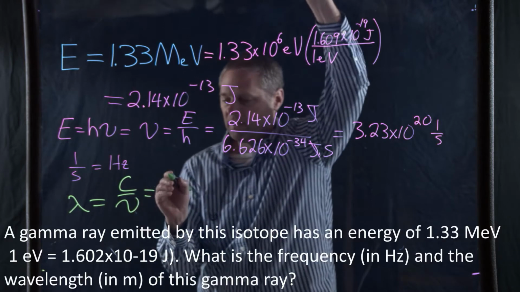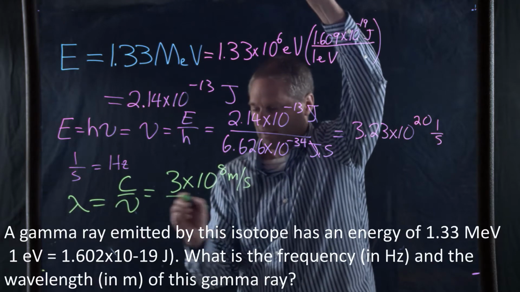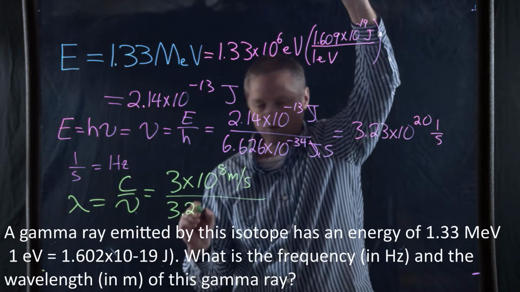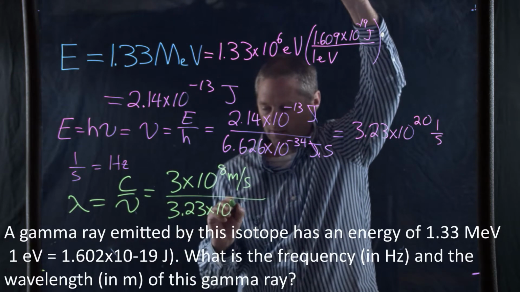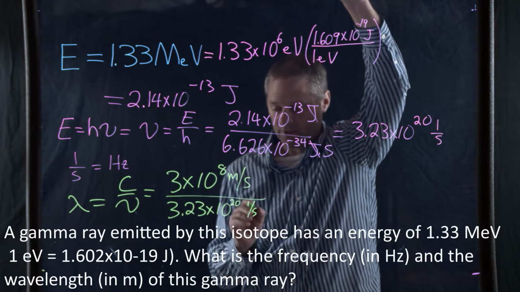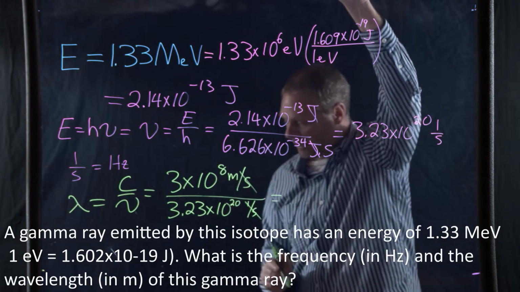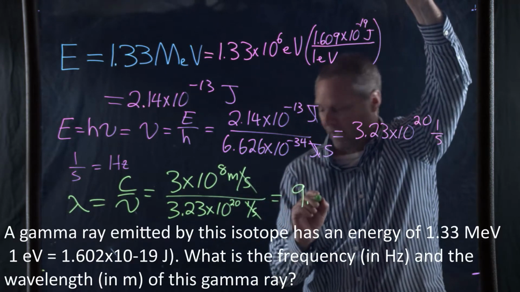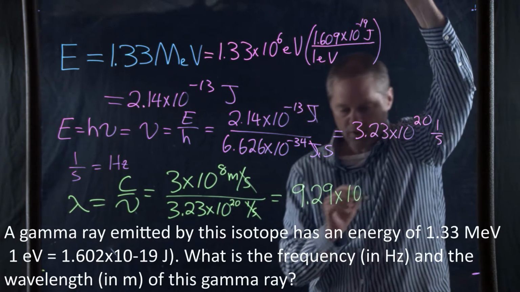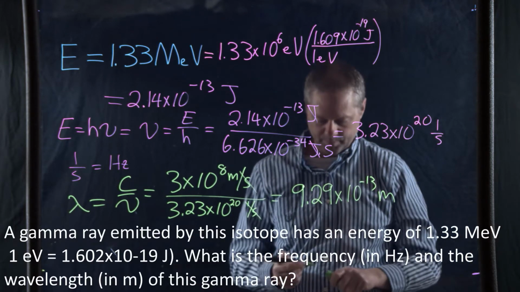C is the speed of light, 3 times 10 to the 8th meters per second, divided by the frequency we just found, 3.23 times 10 to the 20th inverse seconds, which is what a hertz is. So the inverse seconds cancel. We're left in units of meters, and this is going to be 9.29 times 10 to the negative 13th meters, which is where gamma radiation exists.